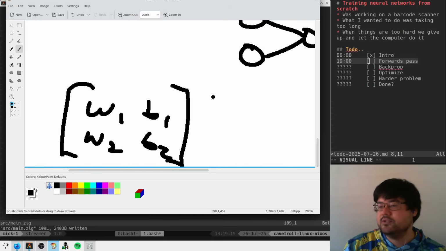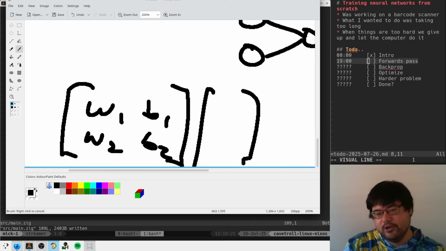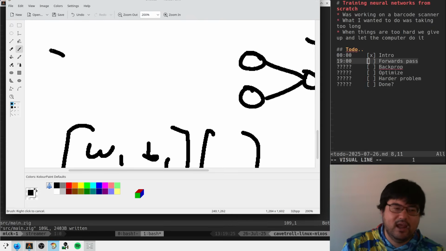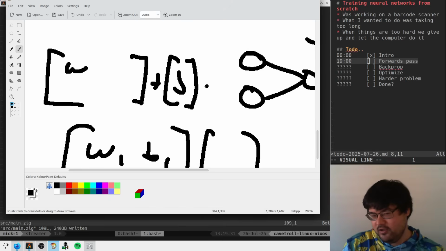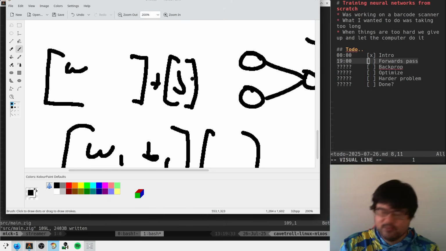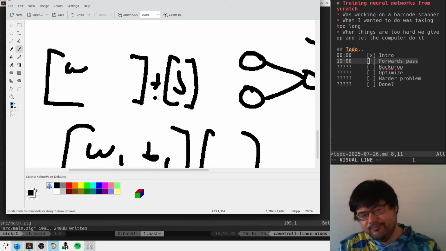And so for you to use this guy, your inputs need a 1 thrown into the bottom to make the bias work out. I was thinking of it as weights plus biases in its own vector. You know what I mean? Like in its own matrix. But I understand what you're talking about now.